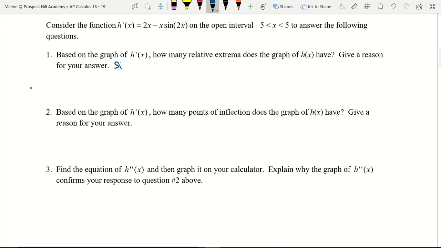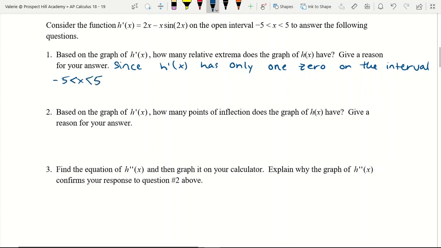Since h prime of x has only 1 zero on the interval negative 5 to 5, h of x has one critical number.